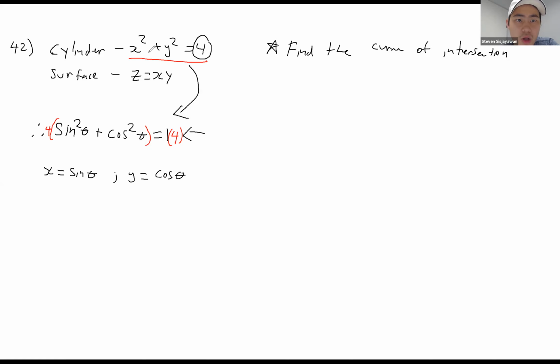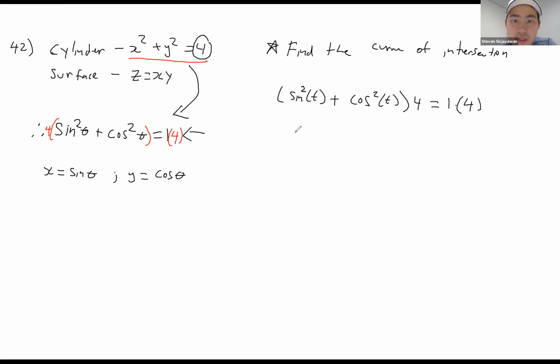Looking at this equation, we can represent x as sine of t: sine squared of t plus cosine squared of t, multiplied by 4, which is equal to 1 multiplied by 4, right? And that's why that works out.